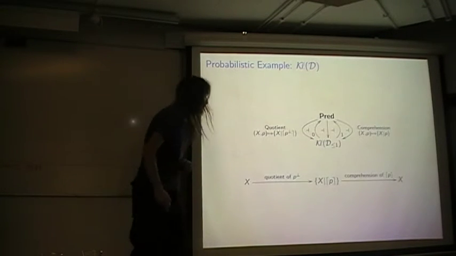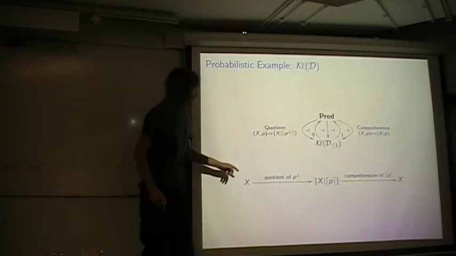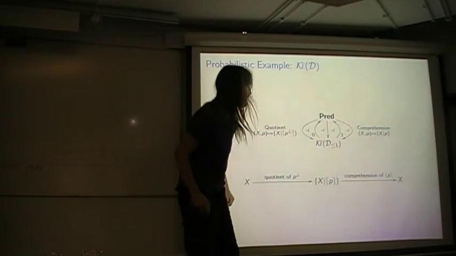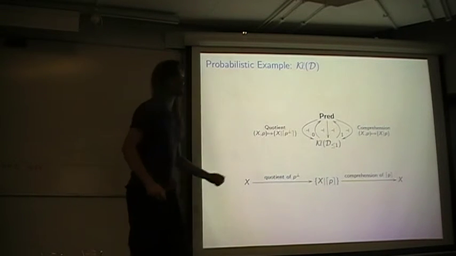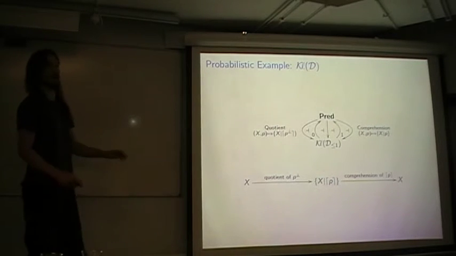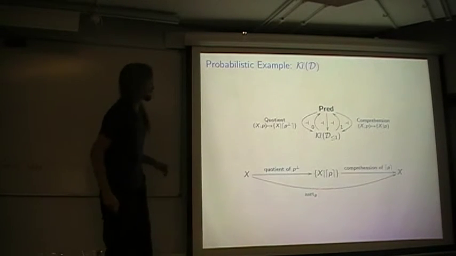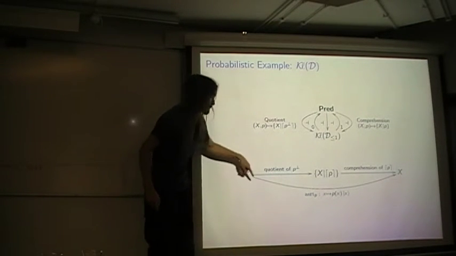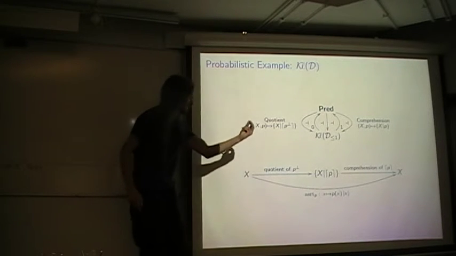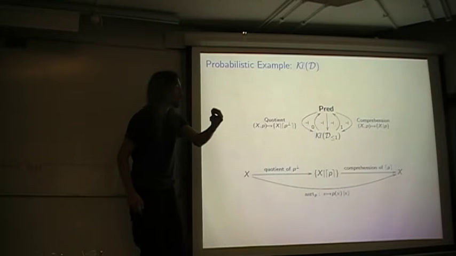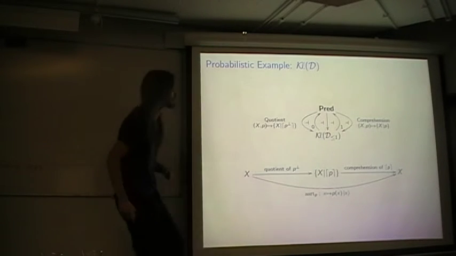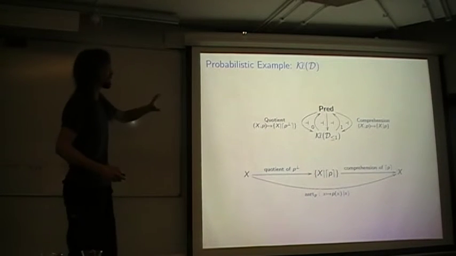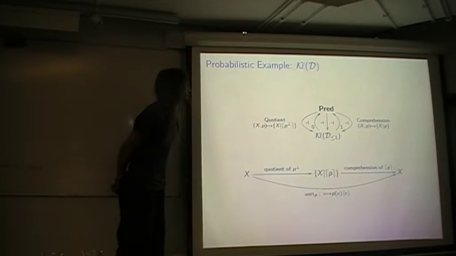And now we see that we can compose quotient and comprehension. Namely, we can first do the quotient of P perp, and then the comprehension of the ceiling of P. I have not explained what the unit and the counit are, but I hope you'll believe me if I say that the assert map that you get for P assigns to an object x, but then weighted with the predicate P. There are many variations of the subdistribution monad as well.